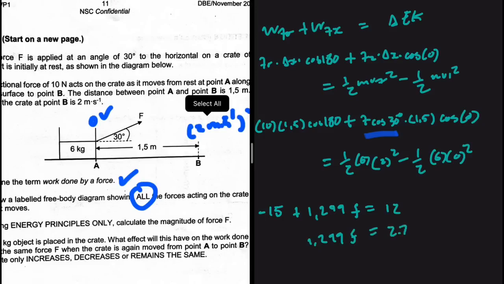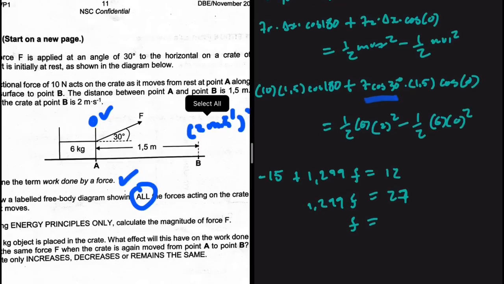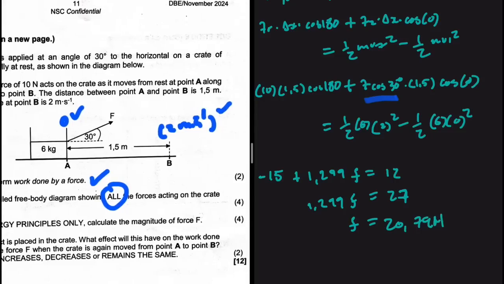So F is equal to 27 divided by 1.299. So F is 20.79 newtons. We only need the magnitude, we don't need the direction.